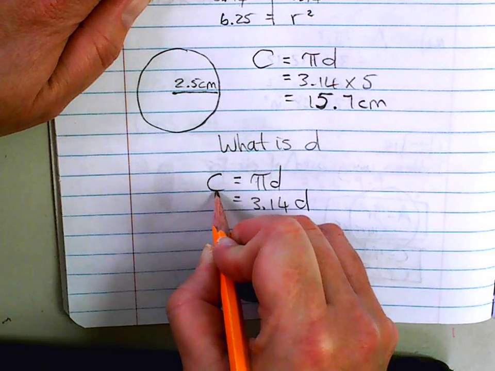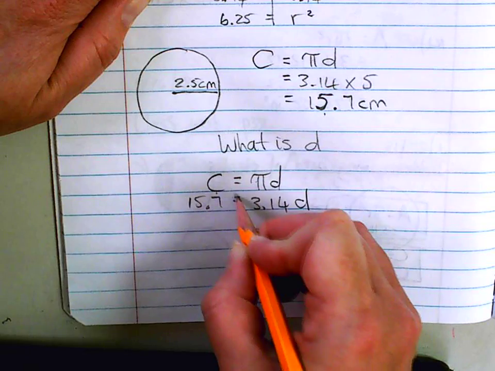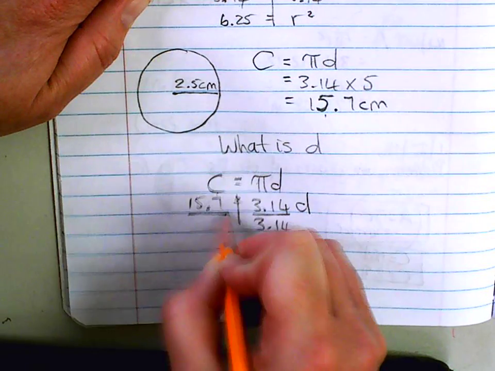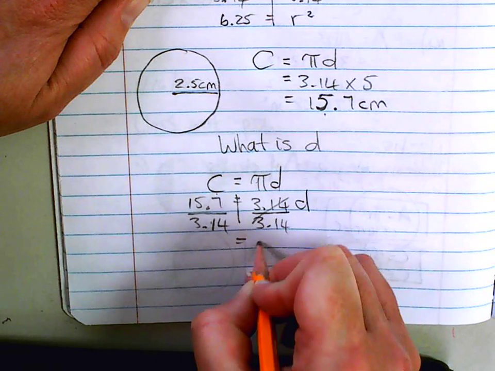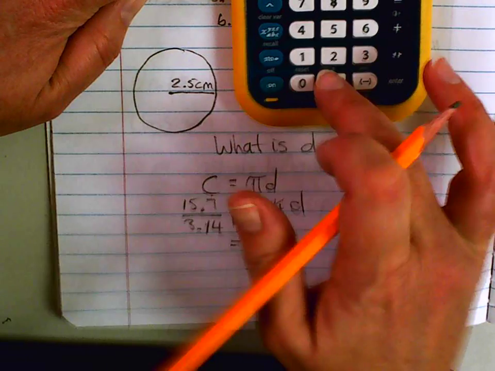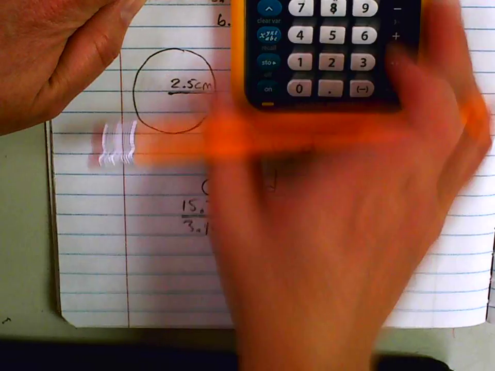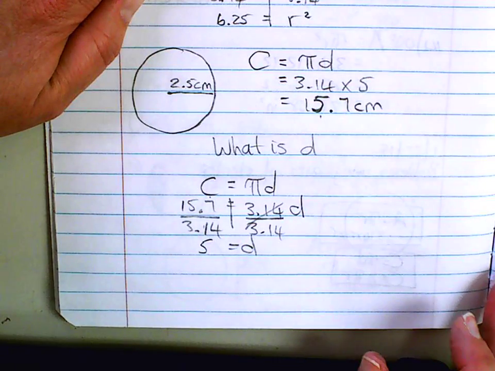You fill in the circumference, which is 15.7, and you get d alone. Divide by 3.14, divide by 3.14. This is going to be 1, so d stands alone. And 15.7 divided by 3.14 equals 5. I have found my diameter.